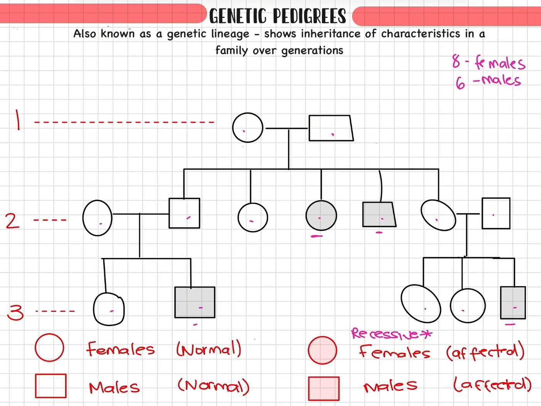We have 1 affected female as well as 3 affected males. I'm then going to number each individual so that it is easier to identify their phenotypes and genotypes.